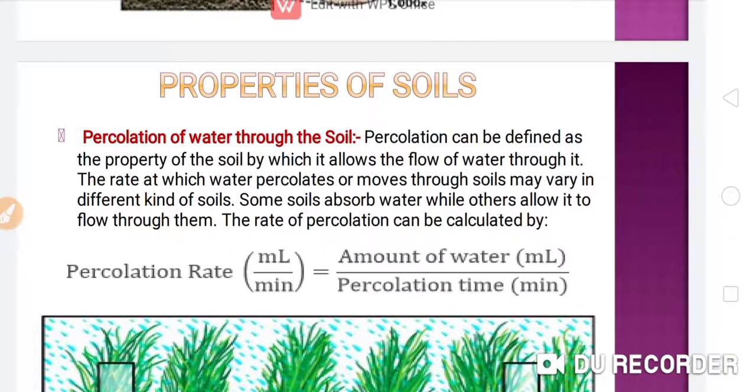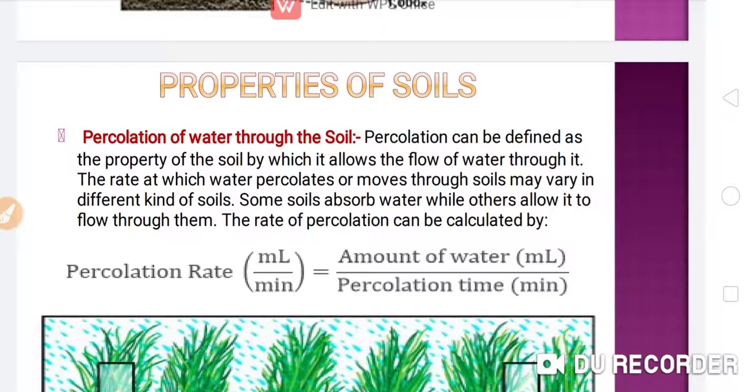That is very important. So what are the properties of the soils? Number one, percolation of water through the soil. What is percolation? Percolation can be defined as the property of the soil by which it allows the flow of water through it.